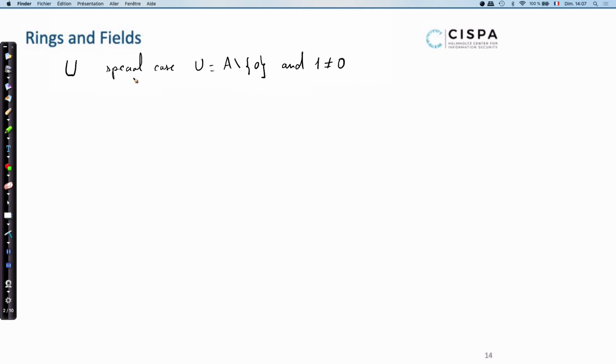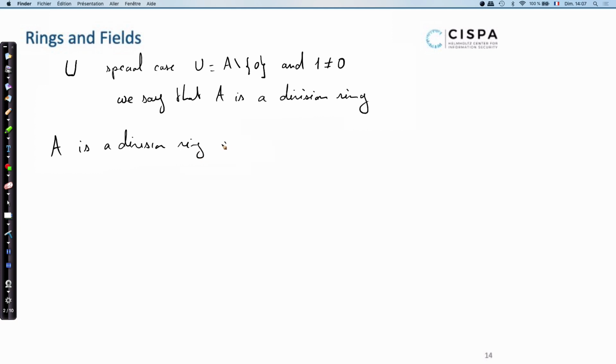And when we have a ring with that property, we say that A is a division ring. And in fact, if A is a division ring, and A is commutative, we say that A is a field.